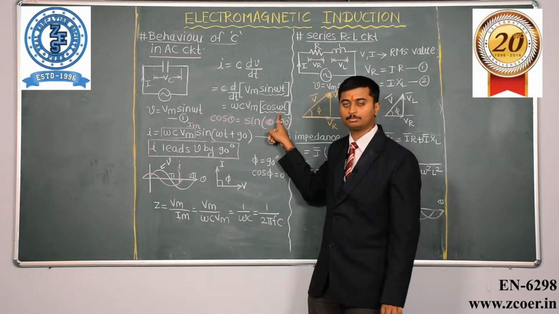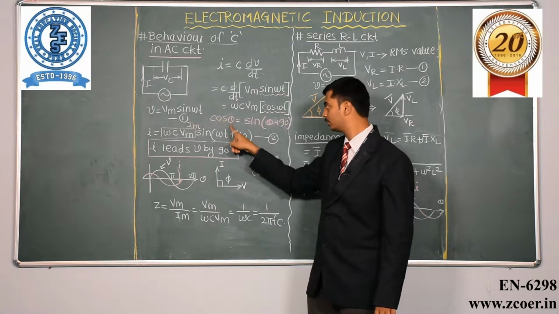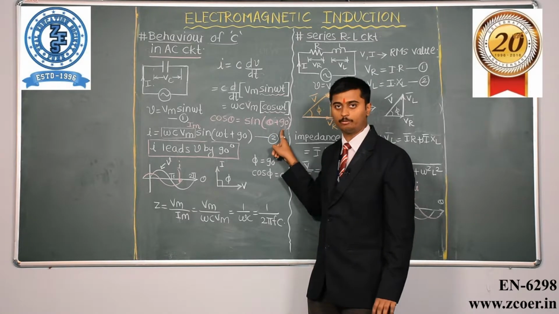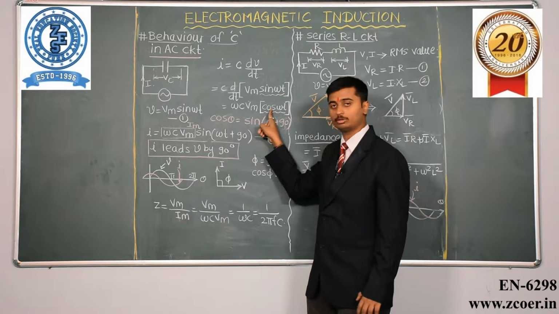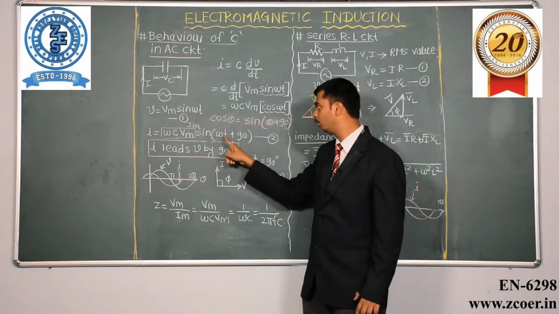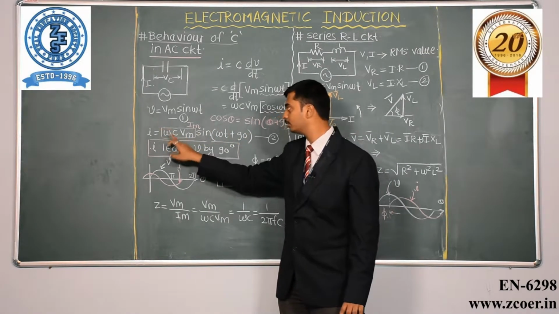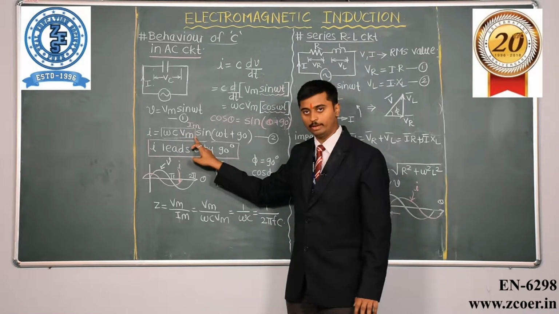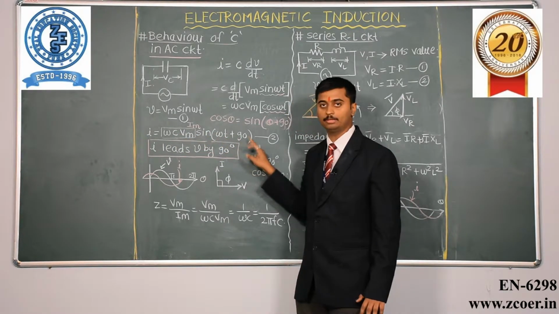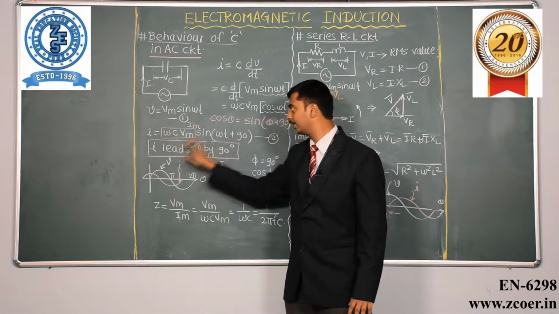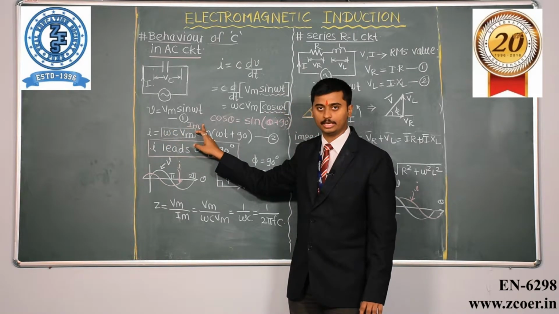We know that as per the trigonometric formula, cos theta equals sin of theta plus 90. So here we can replace this cos omega t by sin of omega t plus 90. So your expression for the current becomes omega C Vm sin of omega t plus 90. We know that omega C Vm is exactly equal to the maximum current, that is Im.